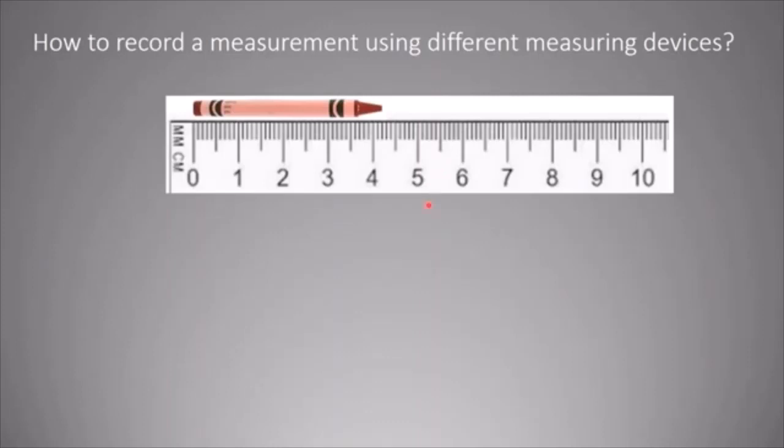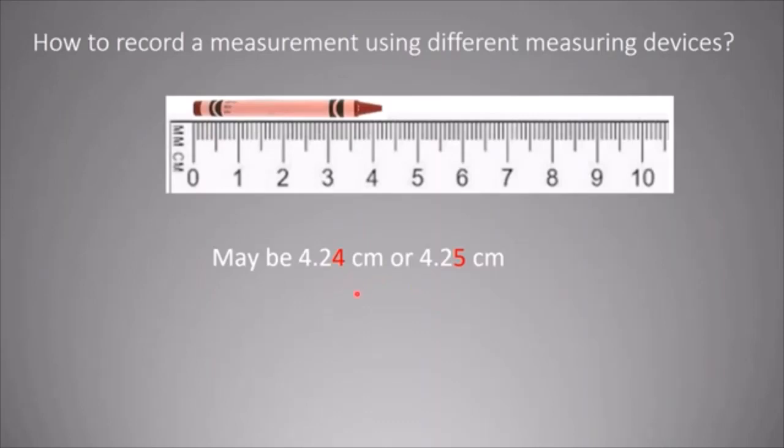So the length of this crayon will be 4.24 or 4.25. 4.2 is my known digit, my certain numbers that I took from the ruler, and 4 or 5, these numbers are my estimated numbers.